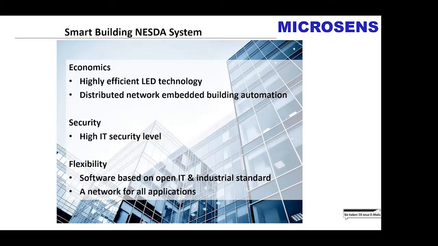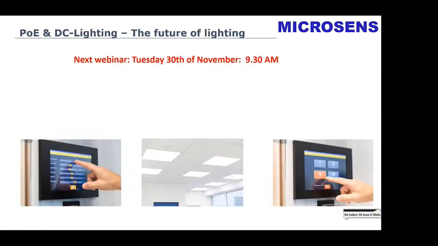So this was the reason why I thought it's time to make a presentation and show you how you can do building automation in a different way, maybe from the point of view of someone who has learned to see networking, and to show you what is also possible if you handle automation in a different way. So I think this was in general the webinar for today. This was an alternative approach for automation.